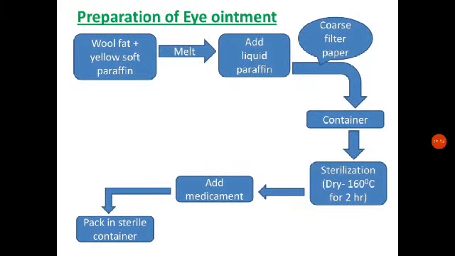So this is the preparation. All the base waxes are melted, add liquid paraffin to make the preparation very loose. Then it is filtered to the container and sterilized. After sterilization, the medicament is added in a sterile atmosphere, and packed in a sterile container also.